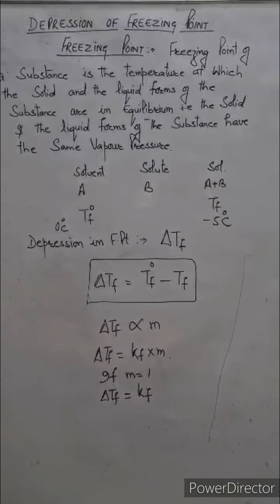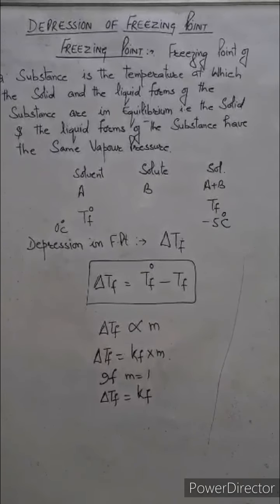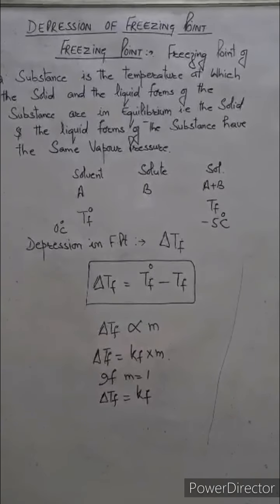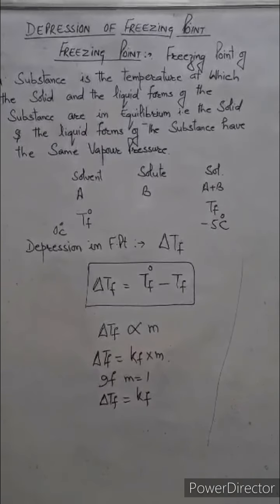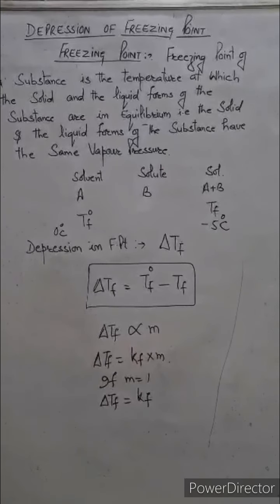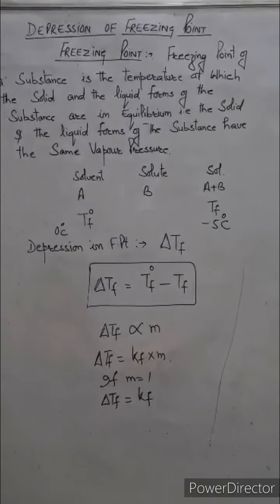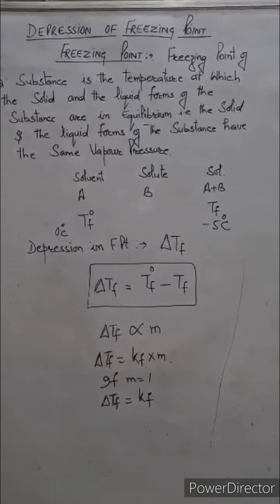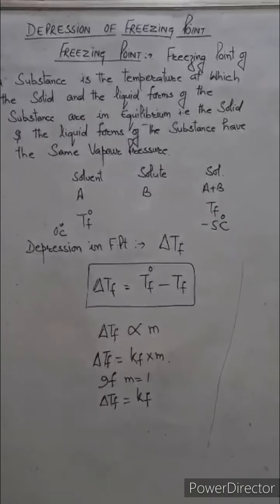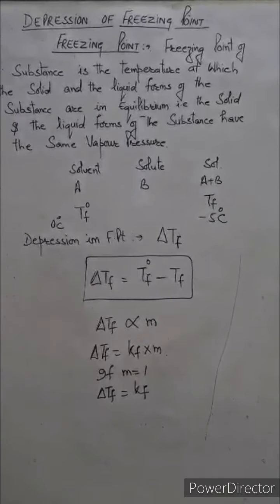And at -5 degrees Celsius, it takes more time. And you know 0 is a higher value when you compare it with -5 degrees. So depression in freezing point is denoted by delta TF, right?